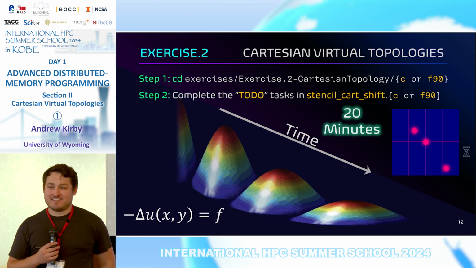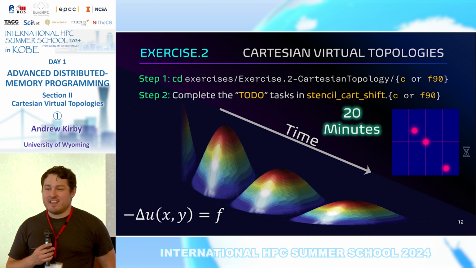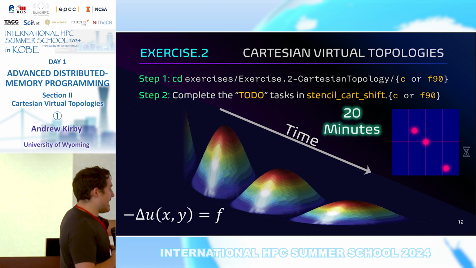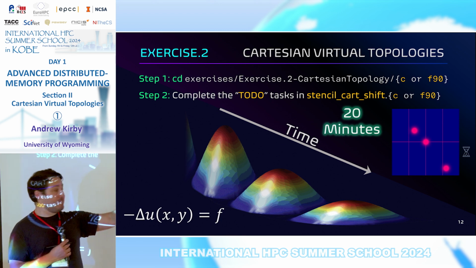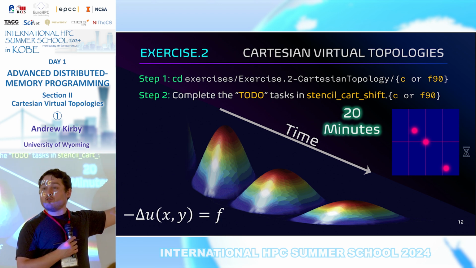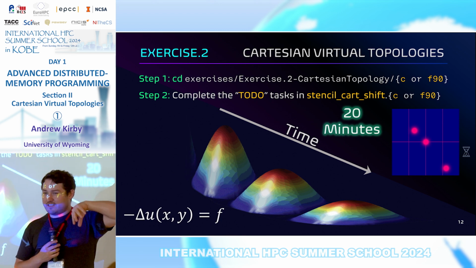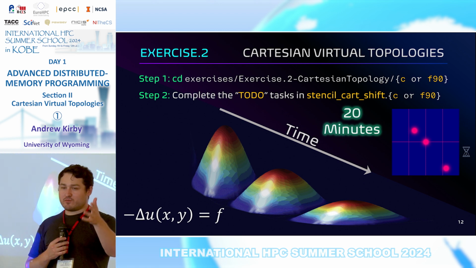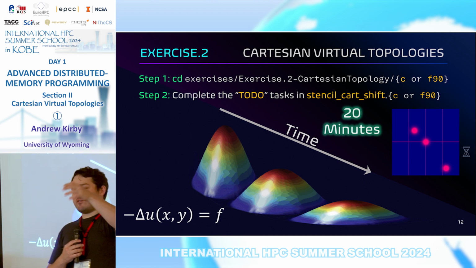It's not periodic. But recall, when you do a shift, you're going to fill in, hey, who's my north, south, east, west? So you'll see in the code there are variables northwest, north, east, southwest.